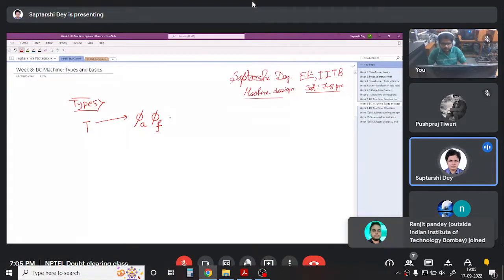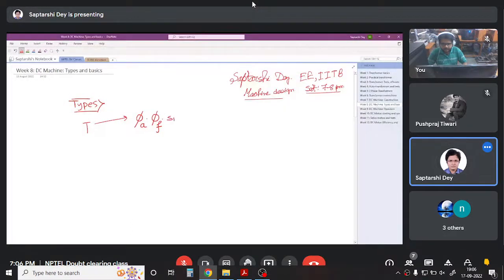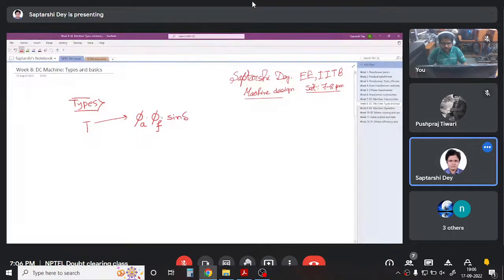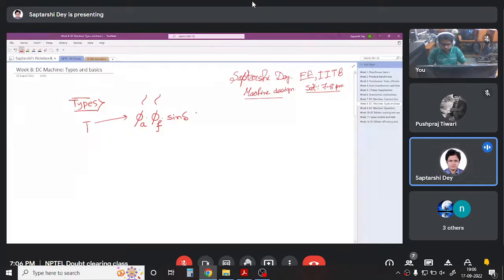The torque is proportional to phi A times phi F times sine delta. So at least two entities are required to get torque from an electric machine, one coming from the stator, the other from the rotor.